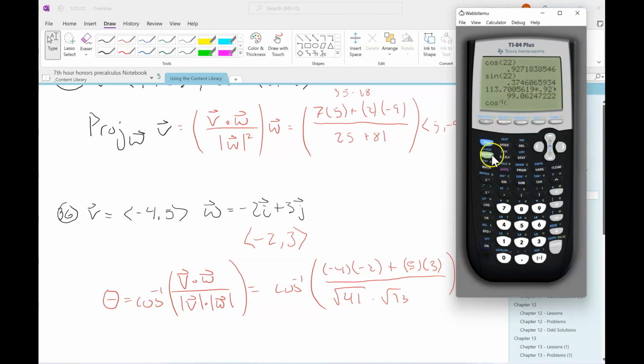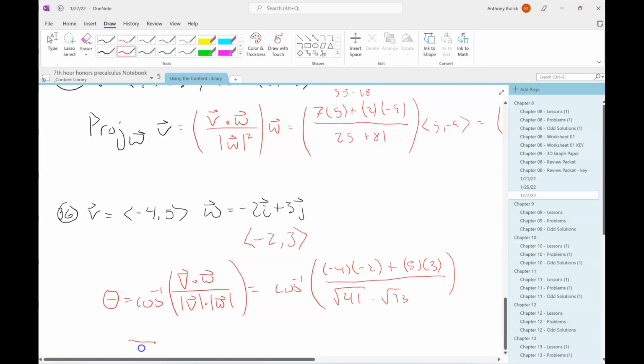So cosine inverse, I'm going to use the fraction command so I don't have to muck around with a million parentheses here. It's not literally a million parentheses, but I don't really have to worry about the parentheses if I use that fraction command. When I do that, I get 4.96.